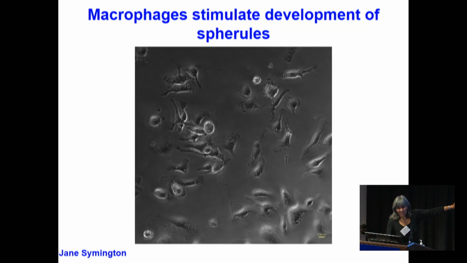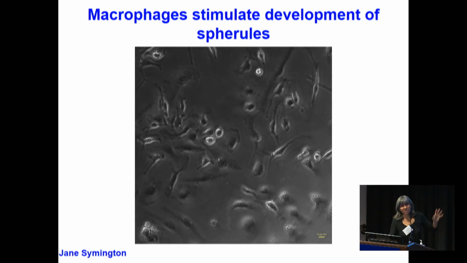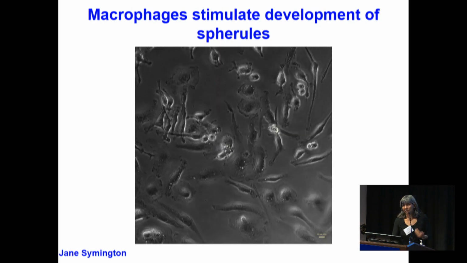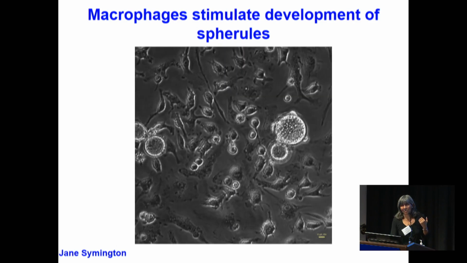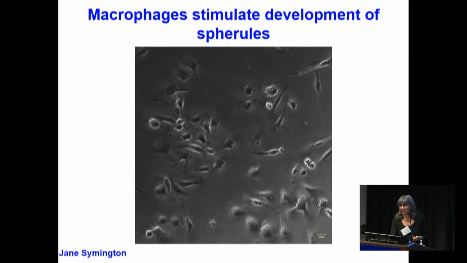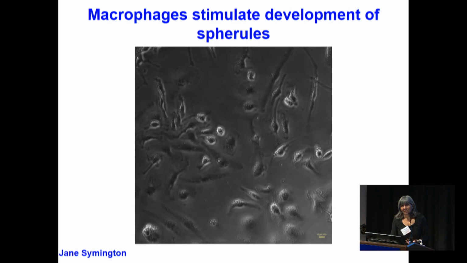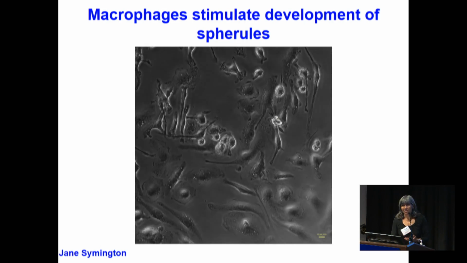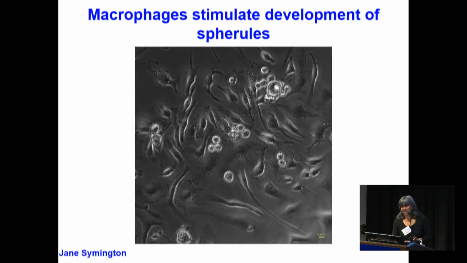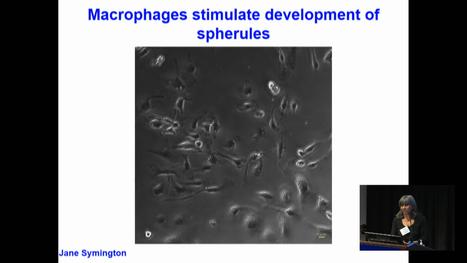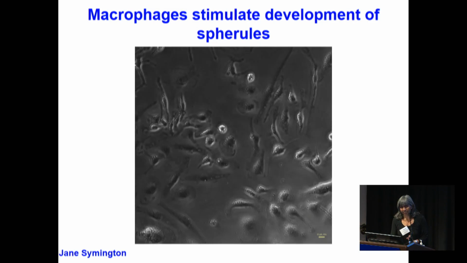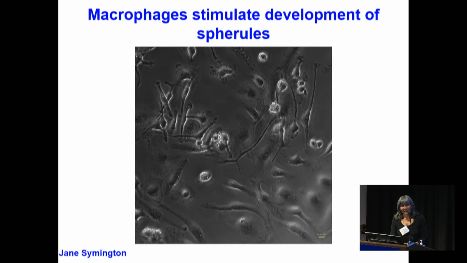So that suggests that there's something about the macrophages that's stimulating formation of the host form. And this harkens back to some observations that John Galgiani made years ago, seeing that, in the presence of mammalian immune cells, there's a similar stimulus for the fungus to transform into the host form.